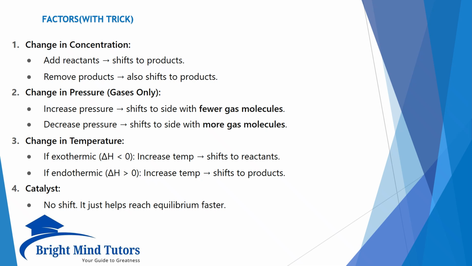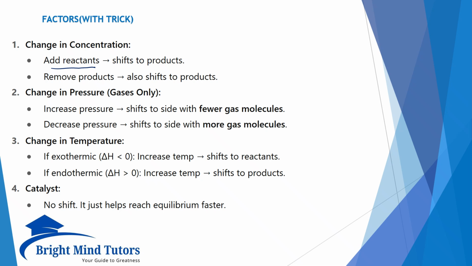So now here we have got the factors that affect the equilibrium. I have summarized them in a really brief way. It's a kind of trick only. Just take a screenshot of the slide and learn it. If I talk about the concentration, the very first factor, if you try to add the reactants, according to the Le-Chatelier principle, equilibrium is going to get angry. I don't want the reactants to be added to me. So equilibrium will try to shift in some direction to counter the change.